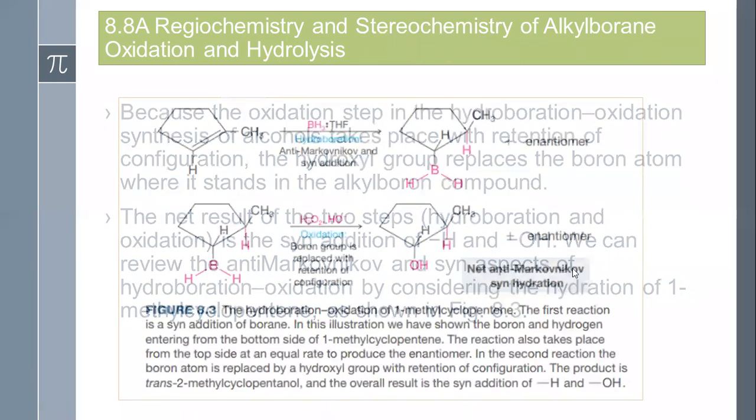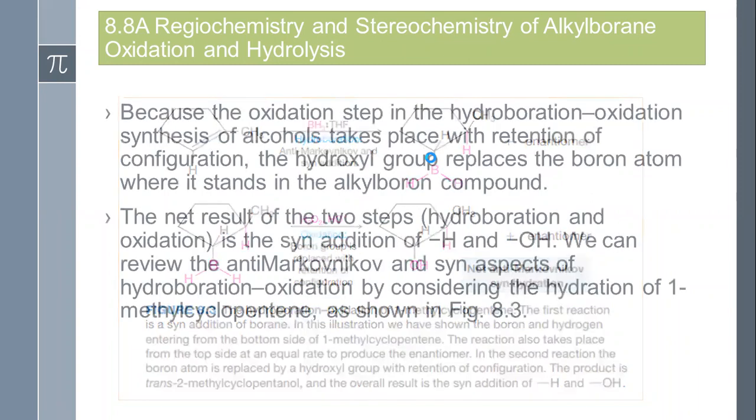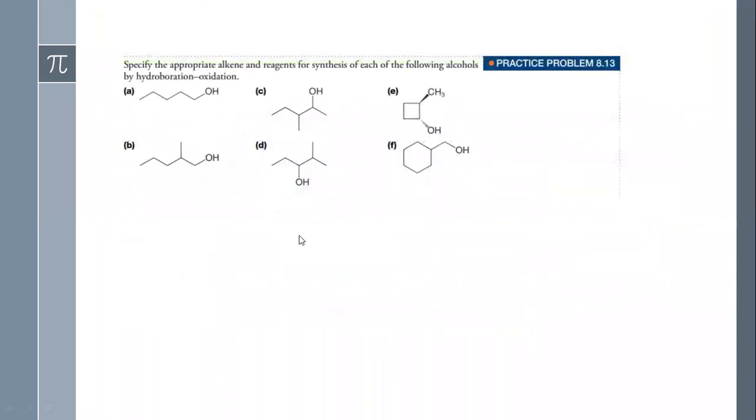This is what I have already mentioned. The same configuration of the carbon would be retained once you get your alcohol from your alkyl borane. The net result of the two steps, hydroboration oxidation, is an addition. Okay, so now you get it.